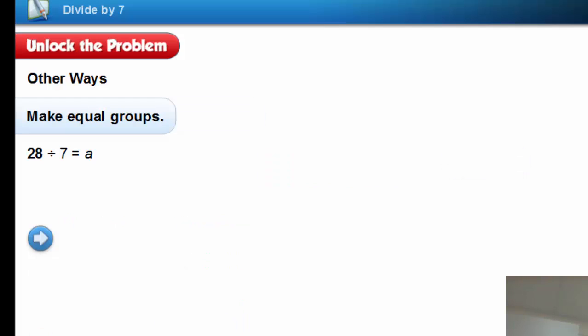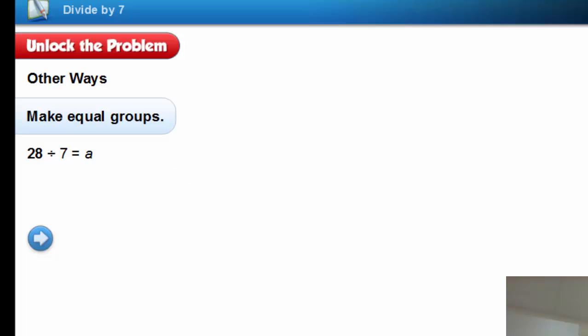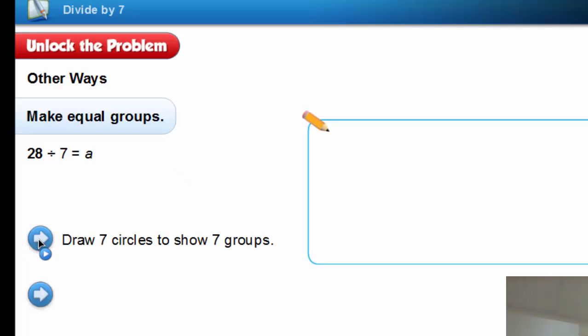Okay, other ways. We could make equal groups in order to find 28 divided by 7. So here we use counters. We're going to draw 7 circles to show 7 groups.